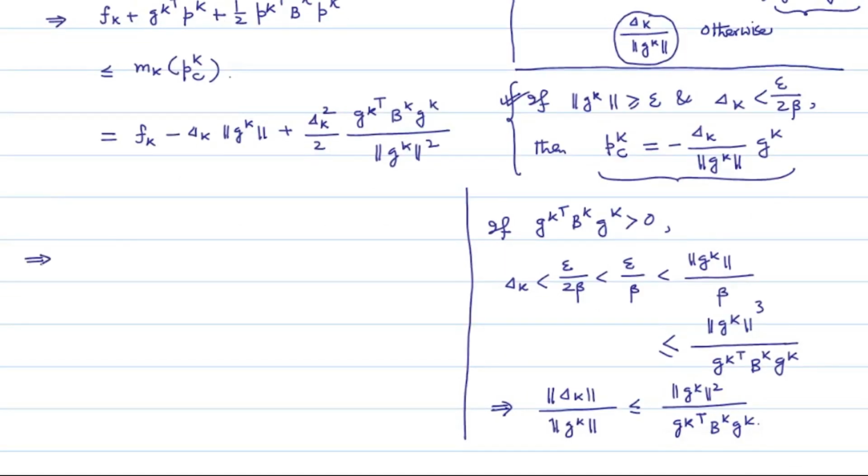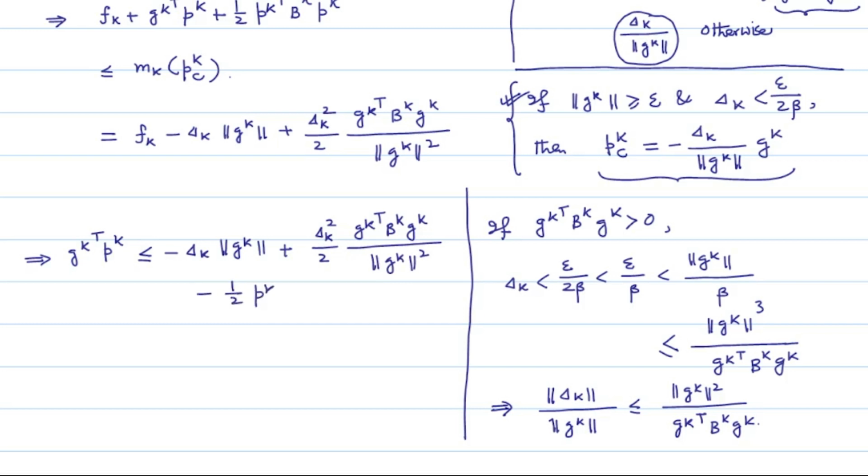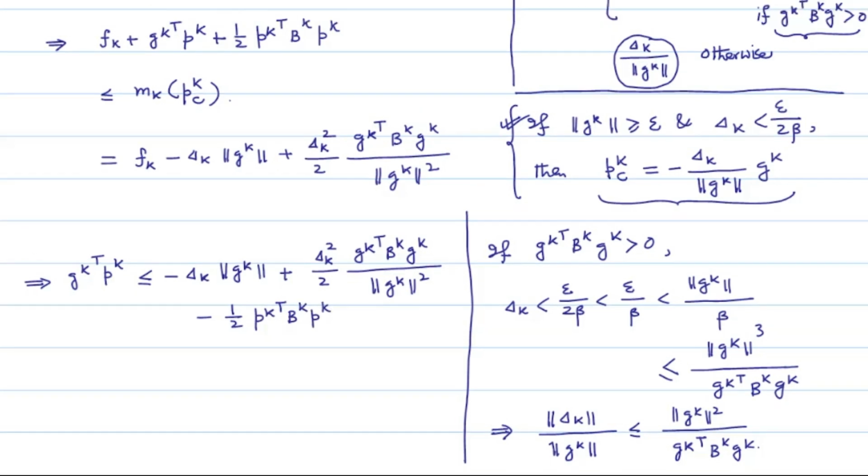It will now imply g_k^T p_k is less than or equal to minus delta_k norm g_k plus delta_k squared divided by 2 times g_k^T B_k g_k divided by norm g_k squared, minus half p_k^T B_k p_k, which is further less than or equal to, by the Cauchy-Schwarz inequality, minus delta_k norm g_k plus delta_k squared divided by 2 times beta plus half beta times norm p_k squared.